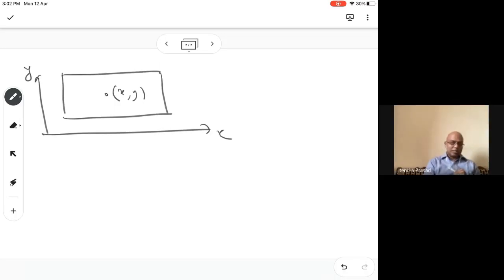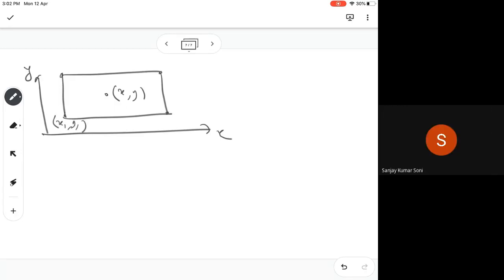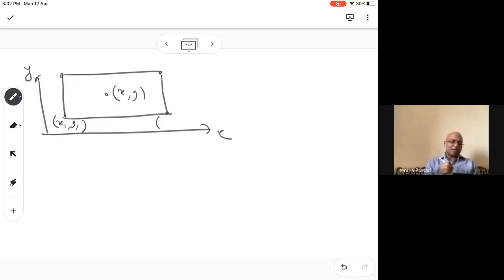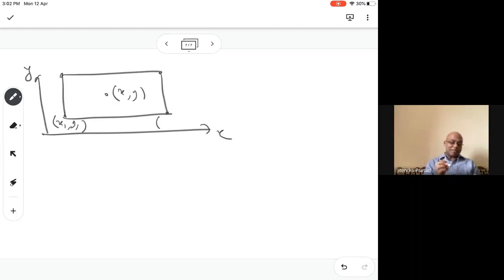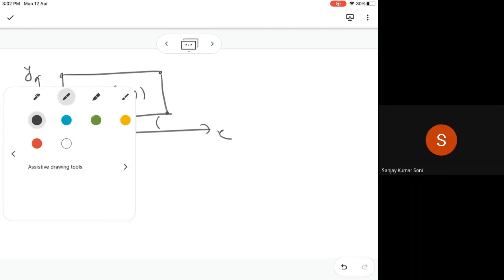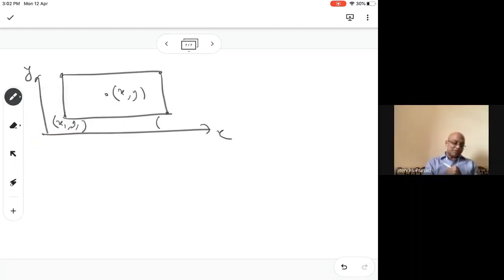If this is a rectangle, then this will be just a linear transformation. Let us say it is a quadrilateral, a random shape. Then you know the transformation, no?